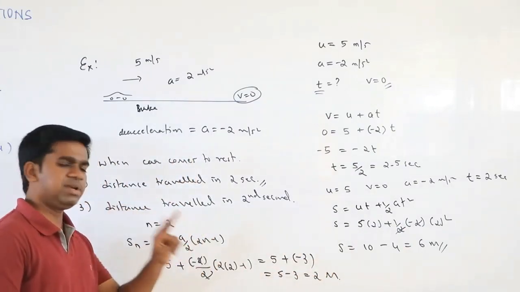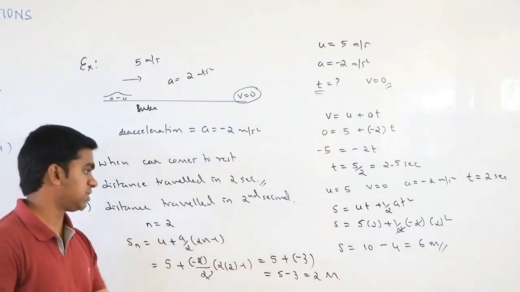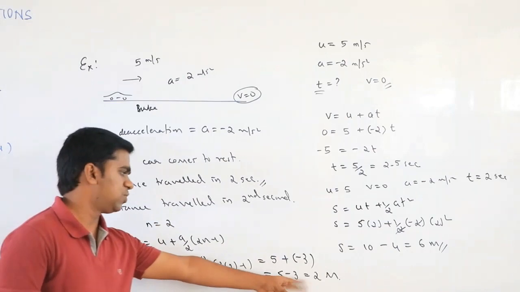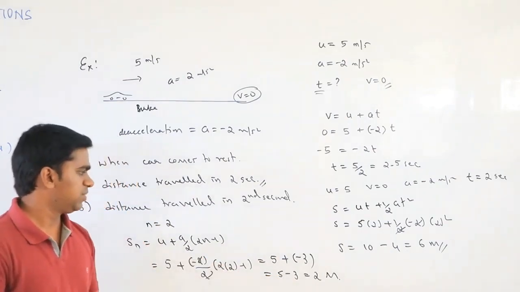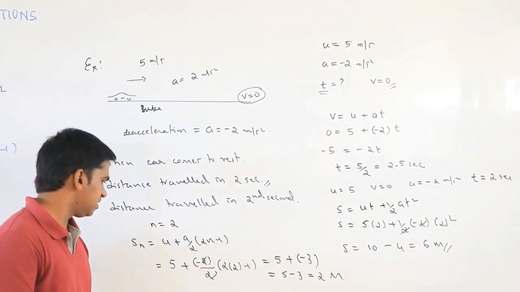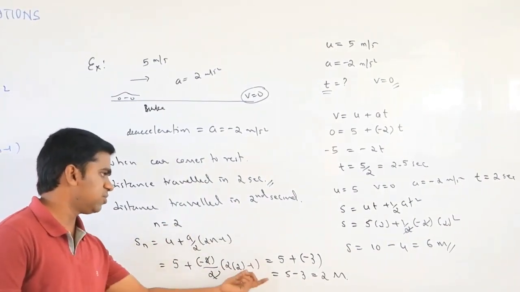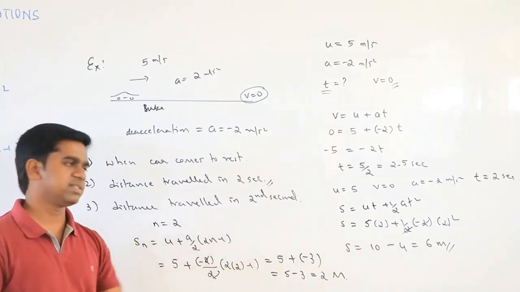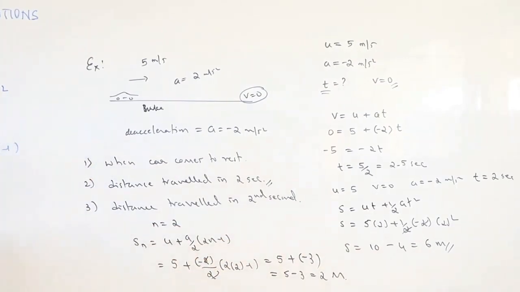The distance traveled in 2 seconds is 6 meter. Distance traveled in 2nd second is what? 2 meter. Okay. So you can guess what is the distance traveled in first second. Distance traveled in first second is going to be what? In 2nd second 2 meter. In total 2 seconds 6 meter, means distance traveled in first second maybe 6 minus 2, 4 meter like that.